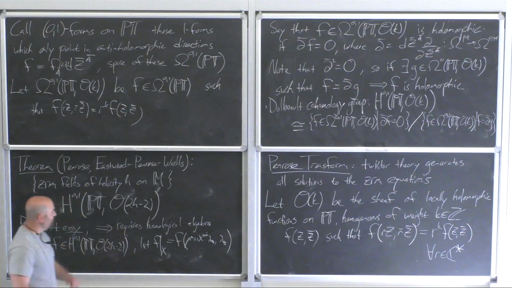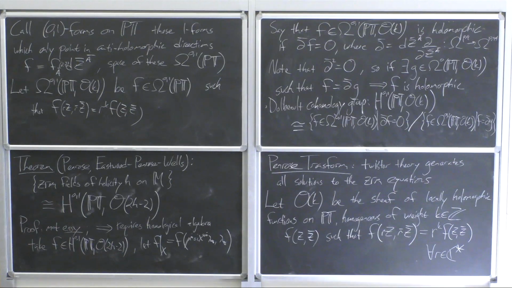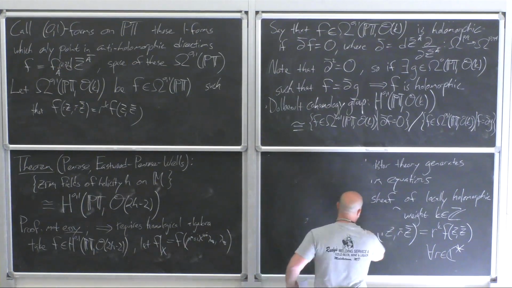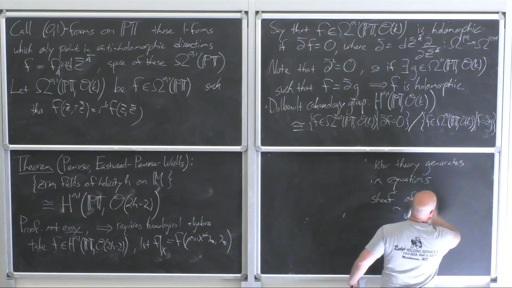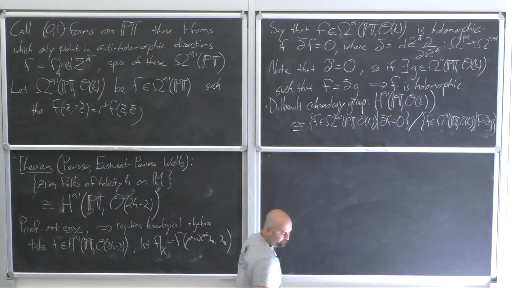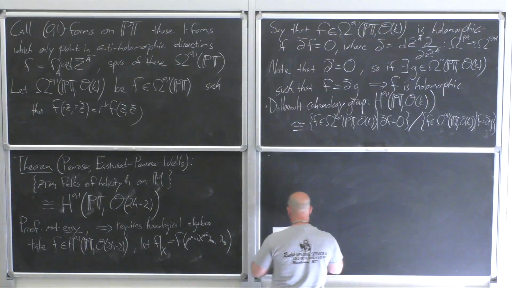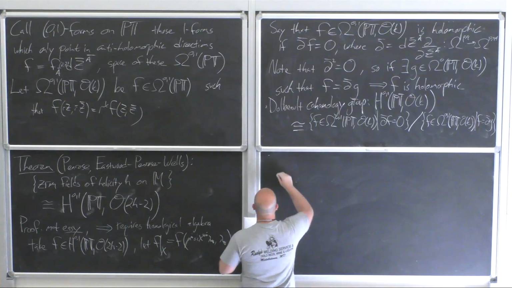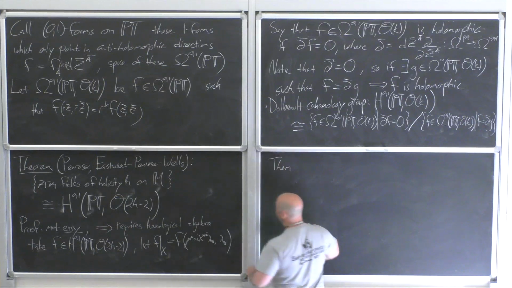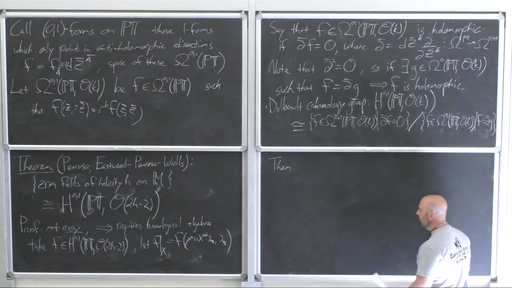So when I write F restrict X, that's what I mean, in practical terms. Now I can define the zero rest mass field from this data in the following way.